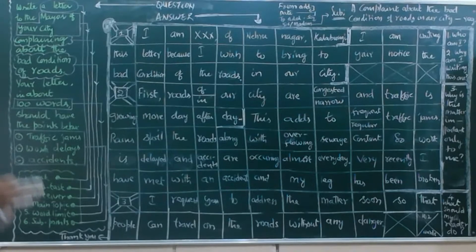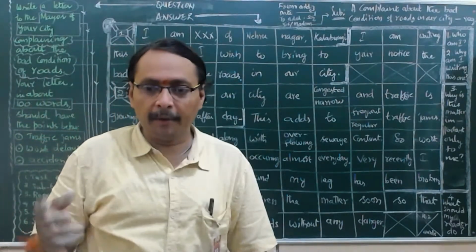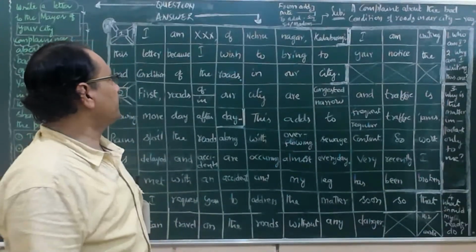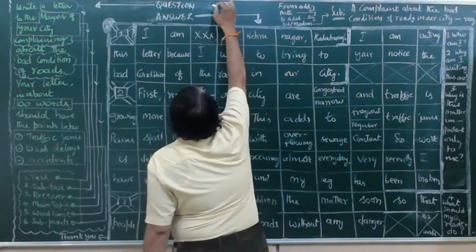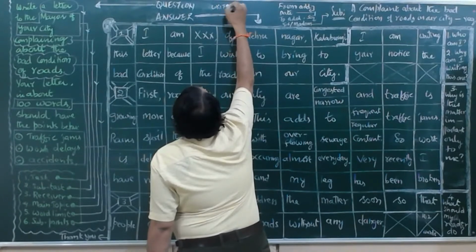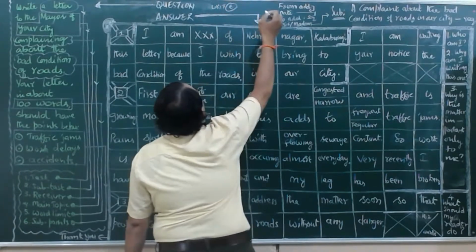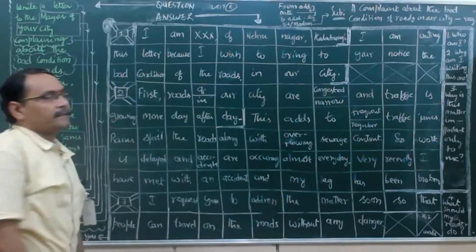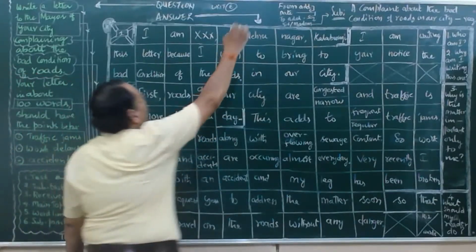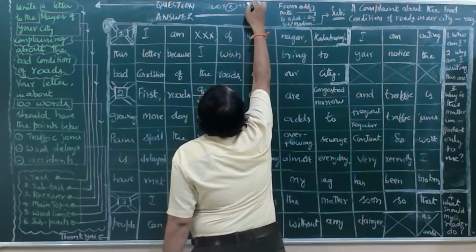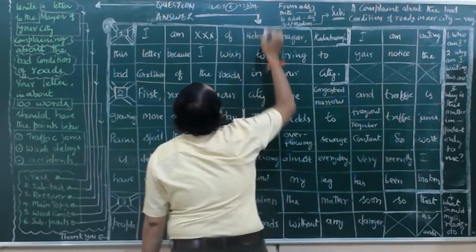Now the word limit has been met, but it shouldn't have mistakes also. If you remember my original class on writing skills, I gave you this WRITE, and the most important one which I am going to do now is E. E stands for editing. So we need to edit the text here and there. There can be mistakes.